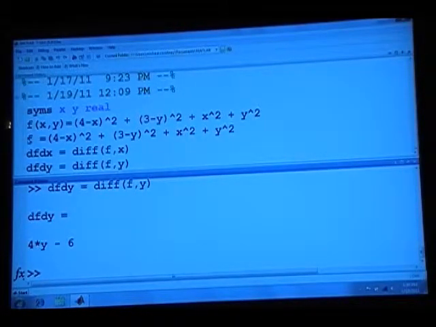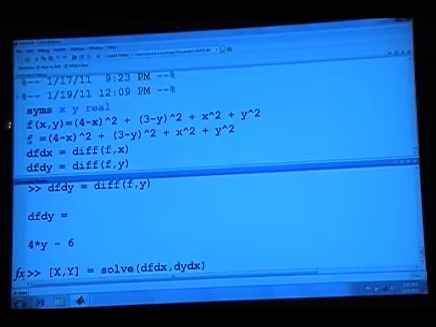And now we want to use the solve command, and you always need to input the outputs of the solve command in alphabetical order, and then the arguments of the solve command are the things that we want to make sure equal 0. So that would be df dx and df dy.